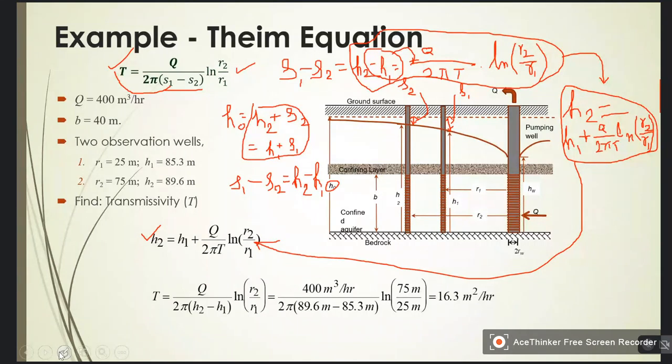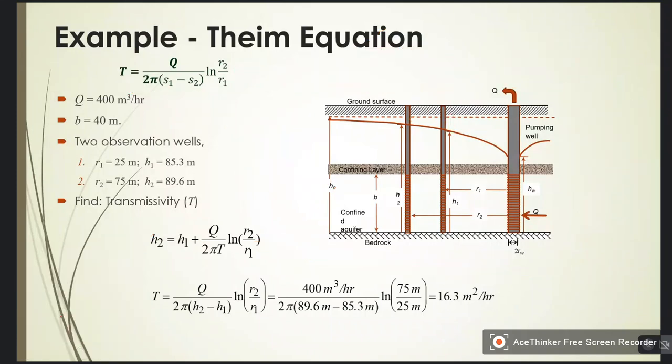So therefore, what we can directly take is that S1 minus S2 is equal to H2 minus H1.